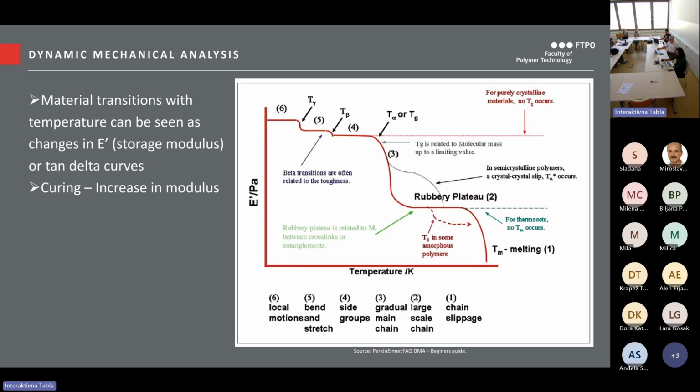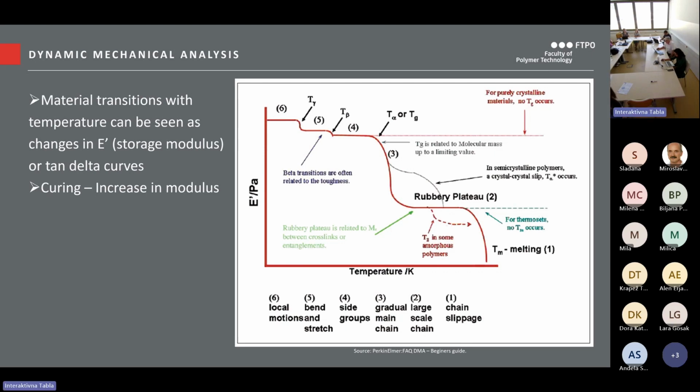with the temperature. We can see with storage modulus more or less all the thermal transitions of first and second order. If we start low, here we have a glassy state.